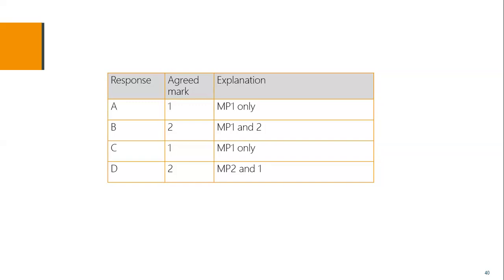Increased surface area to volume ratio was accepted in place of just increased surface area. It's the increase in surface area that's the relevant thing, but surface area to volume is accepted. There are instances where you have to have surface area to volume.